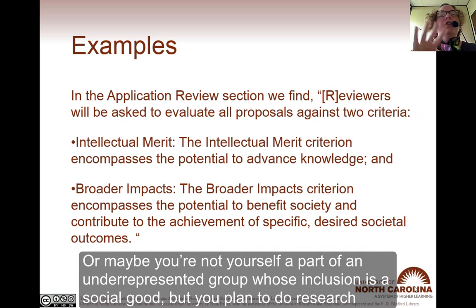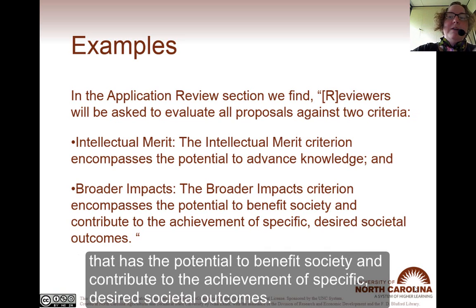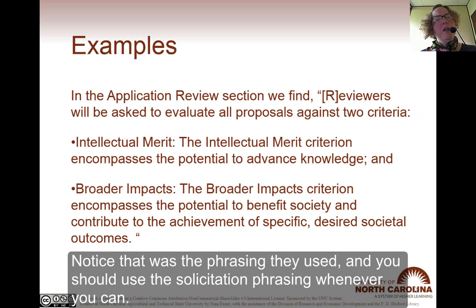Or maybe you're not yourself part of an underrepresented group whose inclusion is inherently a social good, but you plan to do research that has the potential to benefit society and contribute to the achievement of specific, desirable societal outcomes. Notice that that is the phrasing they use, and you should use the solicitation phrasing whenever you can.